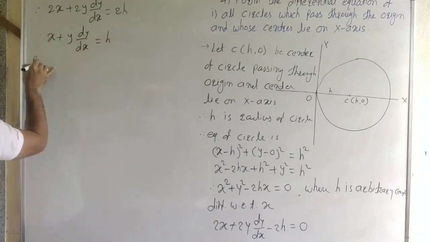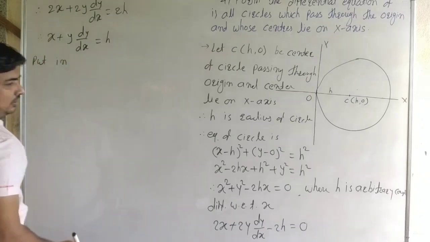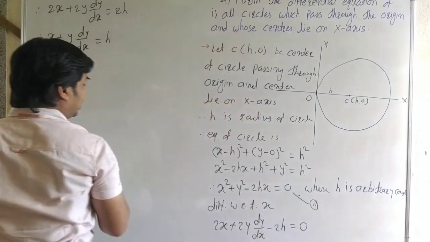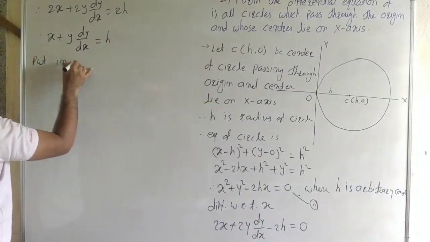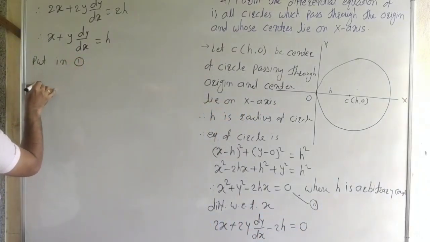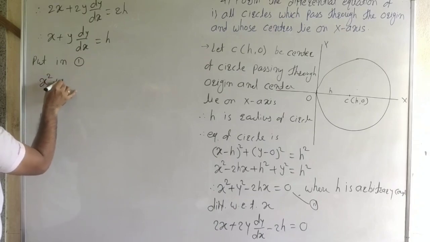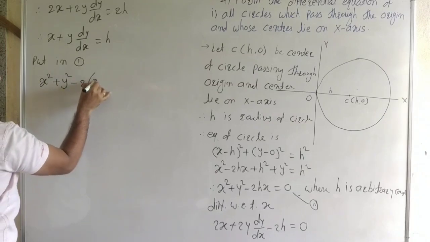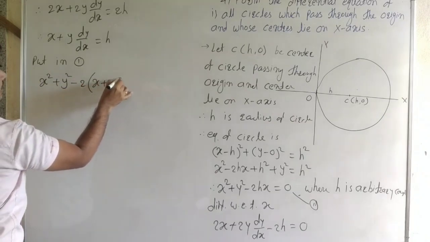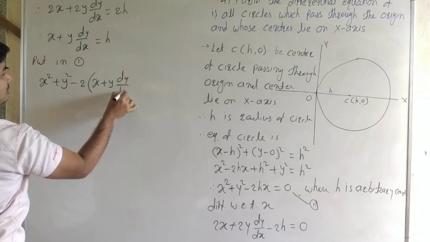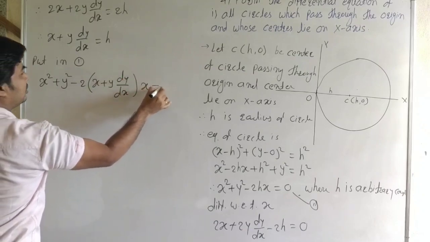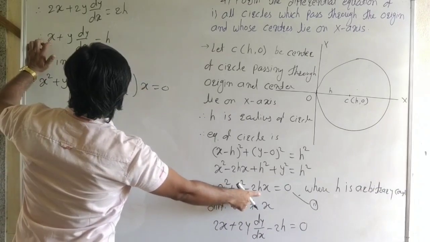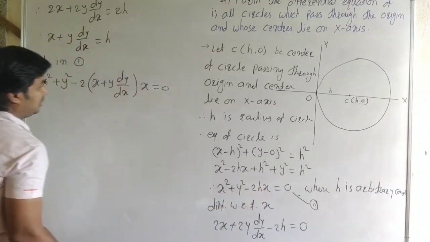Put this value in the equation we wrote as 1. Then we get x square plus y square minus 2 into (x plus y dy by dx) into x equals 0. That is x square plus y square minus 2h, where h is x plus y dy by dx, into x.